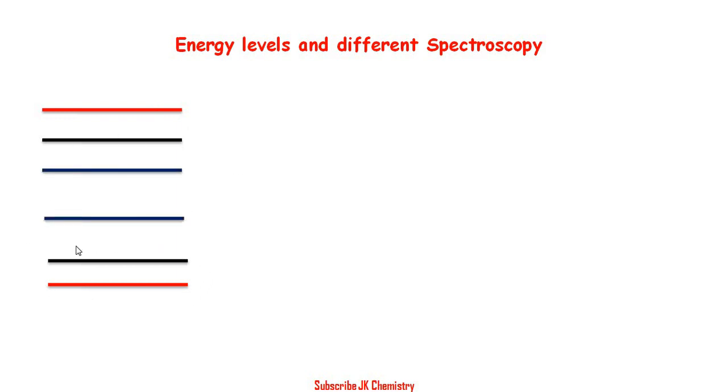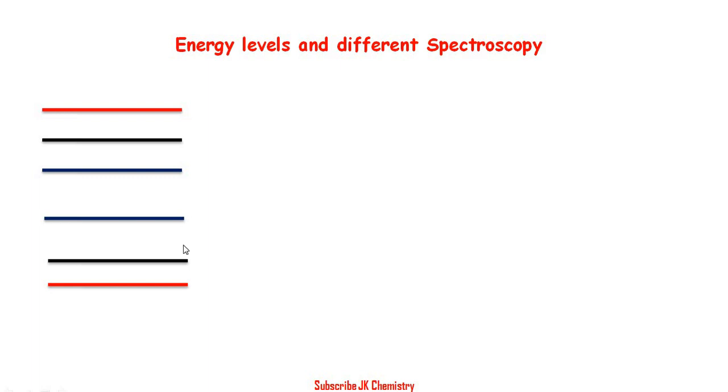In between these two vibrational energy levels, we can see rotational energy levels. So electronic energy levels, then vibrational energy levels, then rotational energy levels. That means a matter has different kinds of energy: electronic energy, vibrational energy, rotational energy. Clearly this energy gap is different.